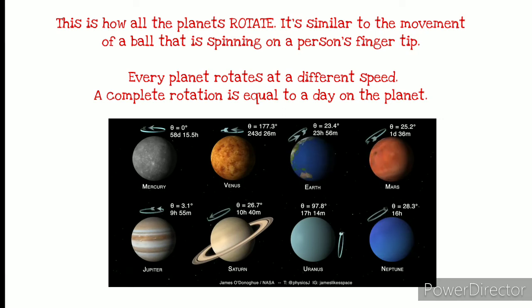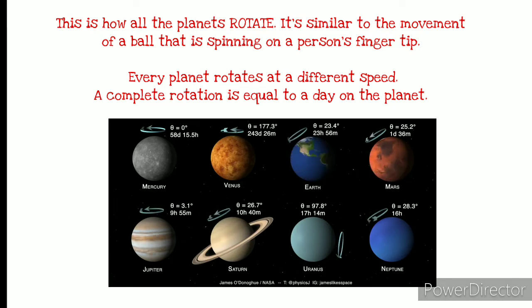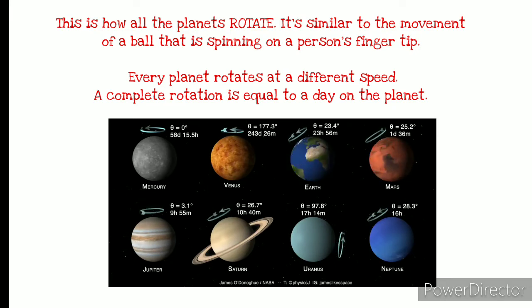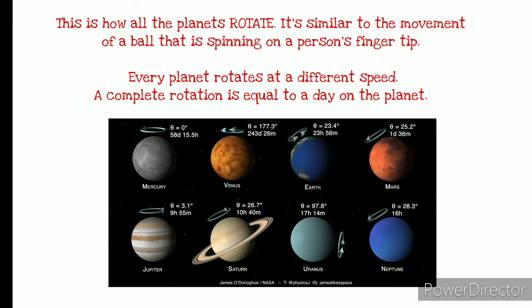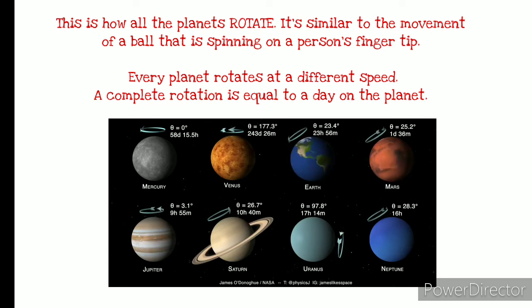This movement is similar to someone spinning a ball at the tip of their index finger. Every planet rotates at a different speed. Some rotate quite fast like Jupiter, while some are much slower like Mercury and Venus. When a planet completes a rotation, it means that a day has occurred in that planet.